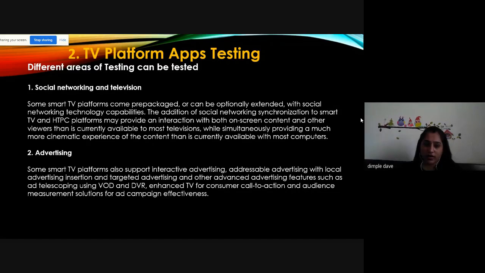Some smart TV platforms come pre-packaged or can be optionally extended with social networking capabilities. So some of the TVs already come with those things. With many kinds of packages, sometimes subscriptions are made free with certain set-top boxes for 3 months or 6 months, based on the schemes made available to the user.